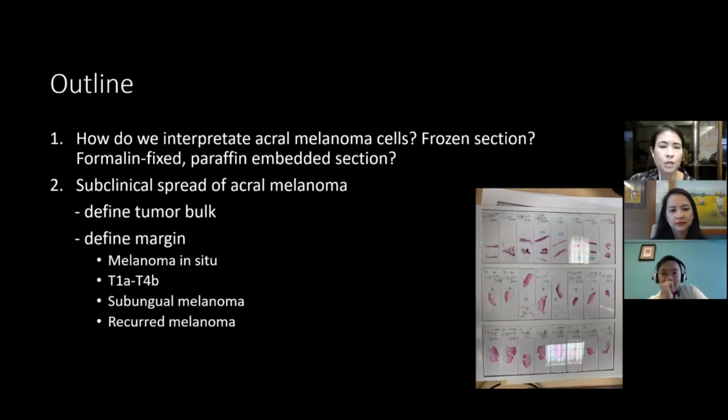The main issue is that there is a significant subclinical spread of acral melanoma. So I'm going to talk about how I define the tumor border and the margin, including melanoma in situ, T1a to T4b melanoma, subungual melanoma, and recurrent melanoma.